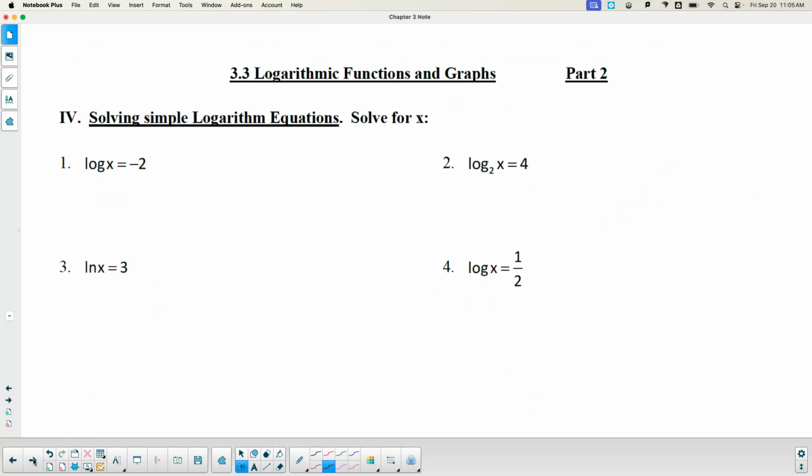Okay? All right. So we're solving logarithmic equations. Now there are two methods to solving logarithmic equations.